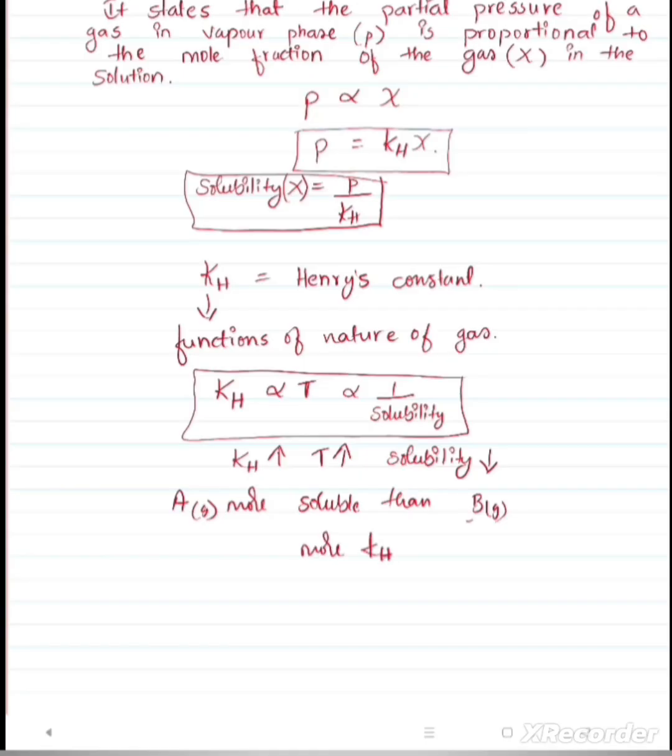Less solubility is therefore B. So more KH value is for gas B. Understood? This kind of question they may ask. They may give KH values, then ask which has more solubility. Otherwise, they will give solubility, then ask you to find which has more KH value.